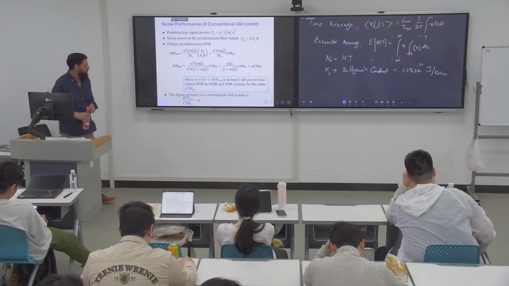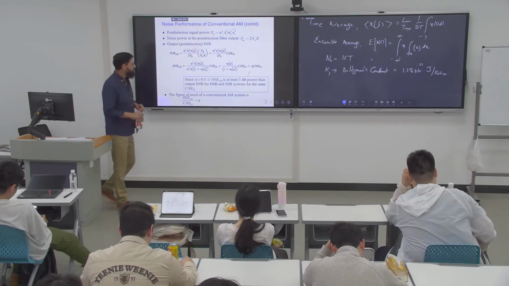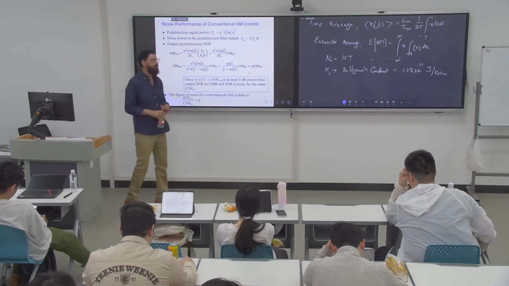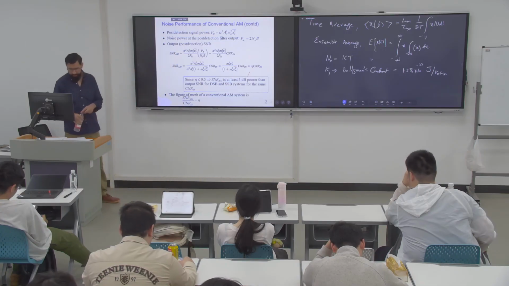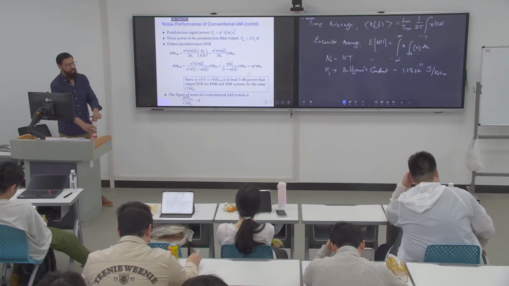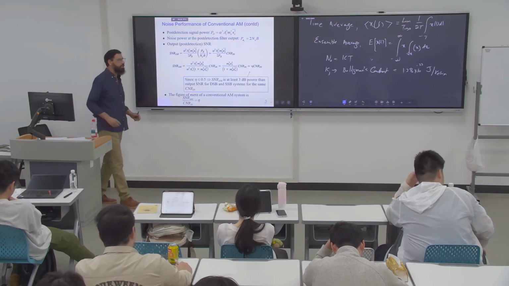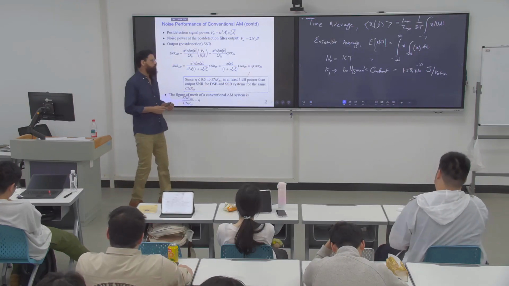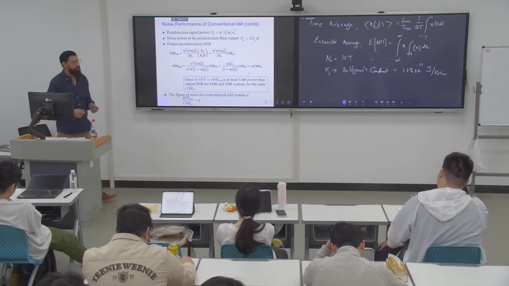We already know that the performance of AM is much poorer as compared to single sideband and double sideband. We saw that before in chapter 4.